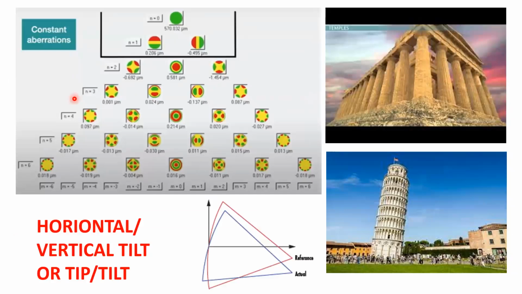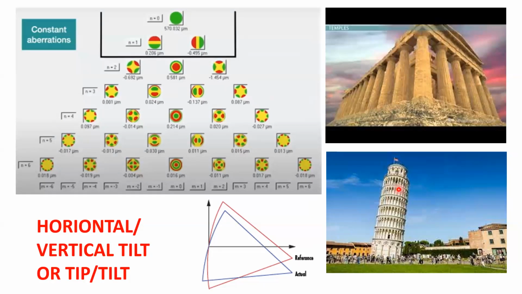The second one and the third one, I mean the first order aberrations, the left one is called tip and the right one is called tilt, horizontal tilt or vertical tilt. In this image, we can see that the poles or the columns appear at a slight slant. Whereas we all know this image very well.